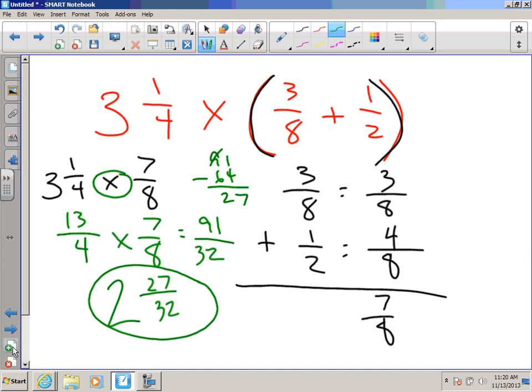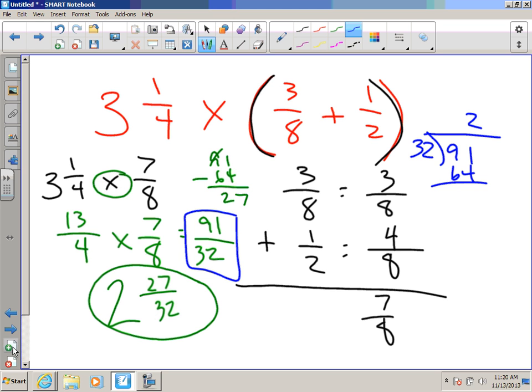Now, if you get here, folks, and you're stuck because the numbers are too big for you, you just get psyched out easily, then absolutely, Maya, you can set it up this way and try to find out how many times does 32 go into 91. And as you start going through your numbers, you're going to say, oh yeah, 2 is going to give me 64. Then when you do your subtraction and you get 27, you're going to find out that you have the 27 left over with your 32.